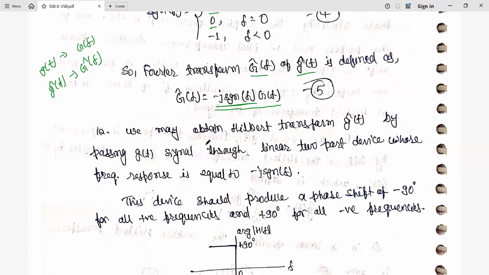Now we obtain the Hilbert transform, that is g cap of t, if you pass this signal g of t through a linear two-port device which has frequency response equal to minus j signum of f. So this signal g of t passes through the two-port network whose transfer function is minus j signum of f.